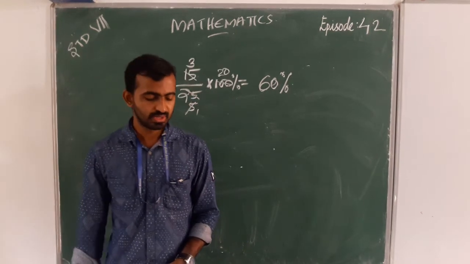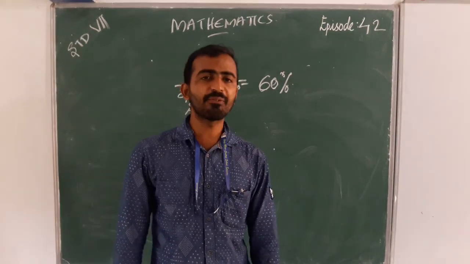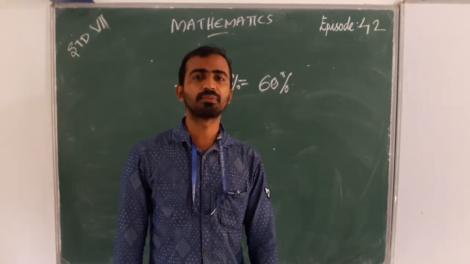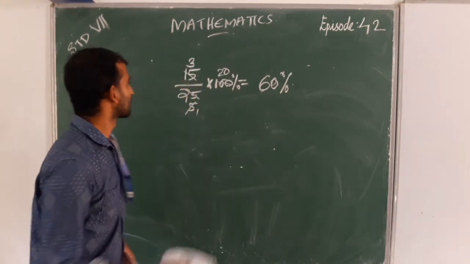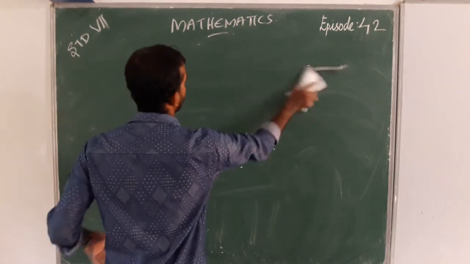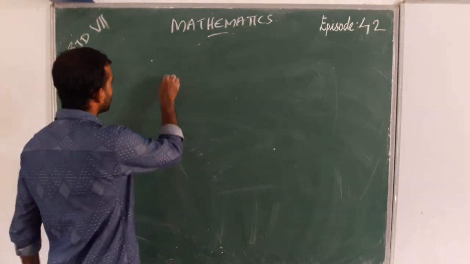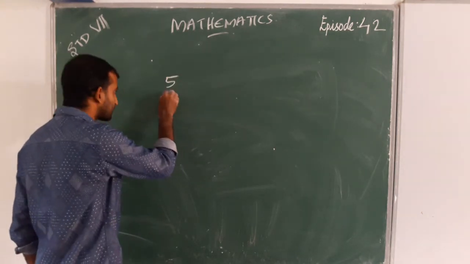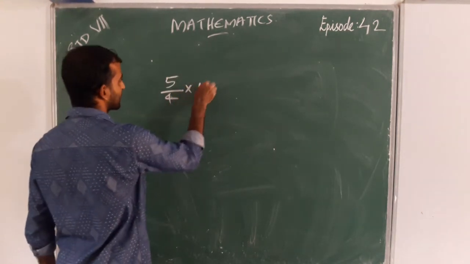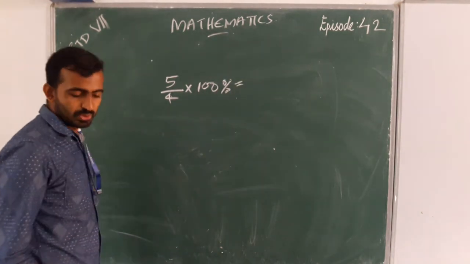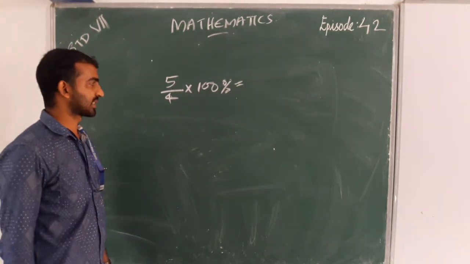Another example: convert 5 by 4 to percentage. We want to convert 5 by 4. That is 5 by 4 into 100 percentage.